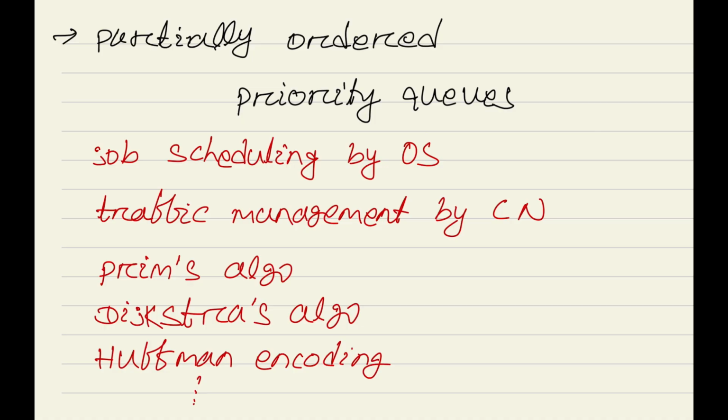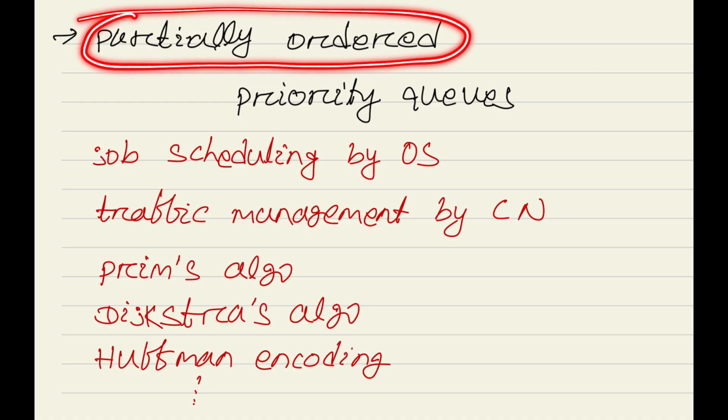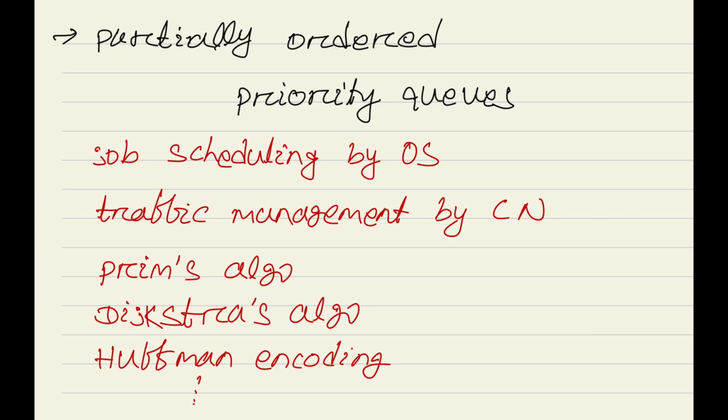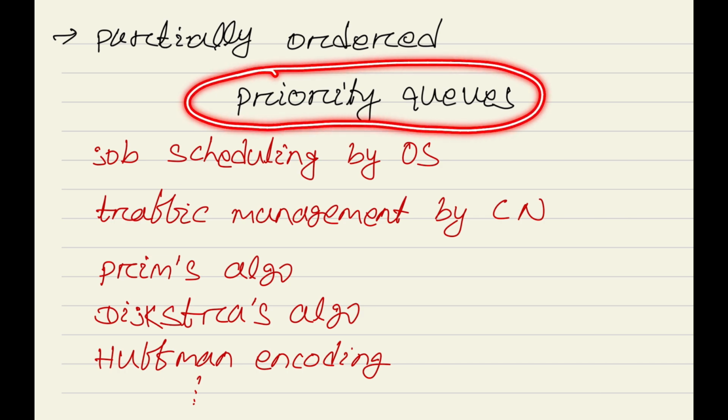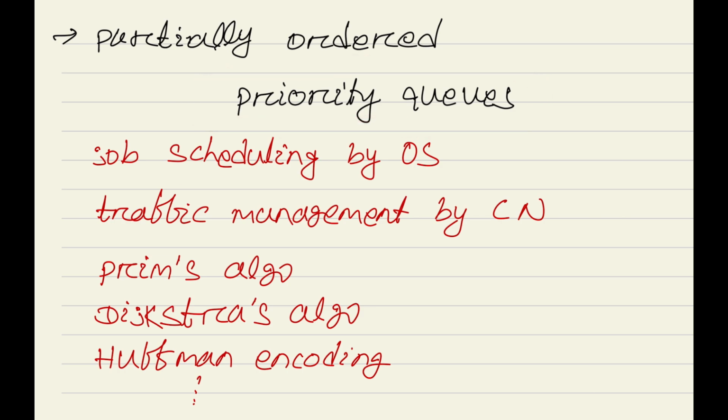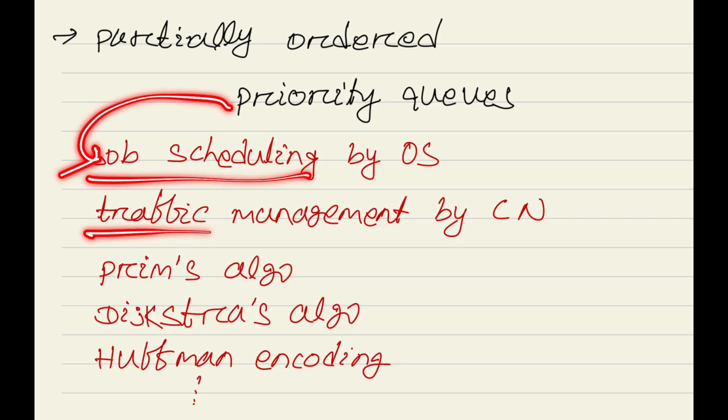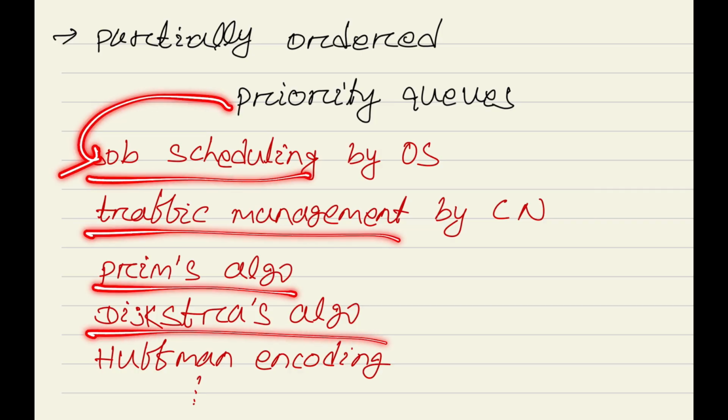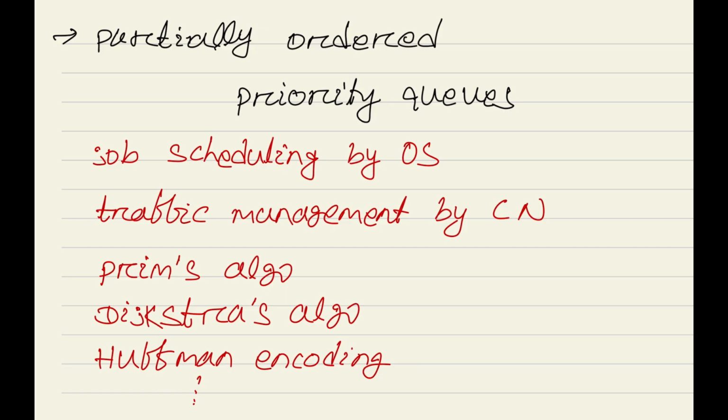So, heap is a partially ordered data structure and generally it is used for implementing priority queues, and priority queue has a lot of applications like job scheduling, traffic management, Prim's algorithm, Dijkstra's algorithm, Huffman encoding, and many others.